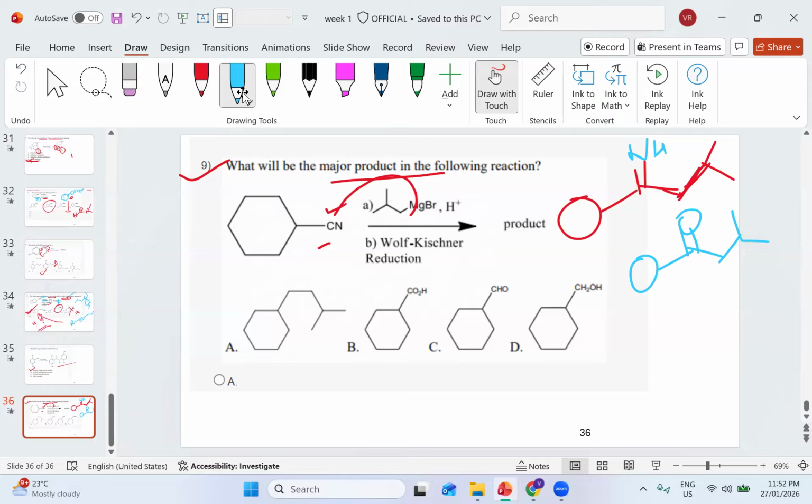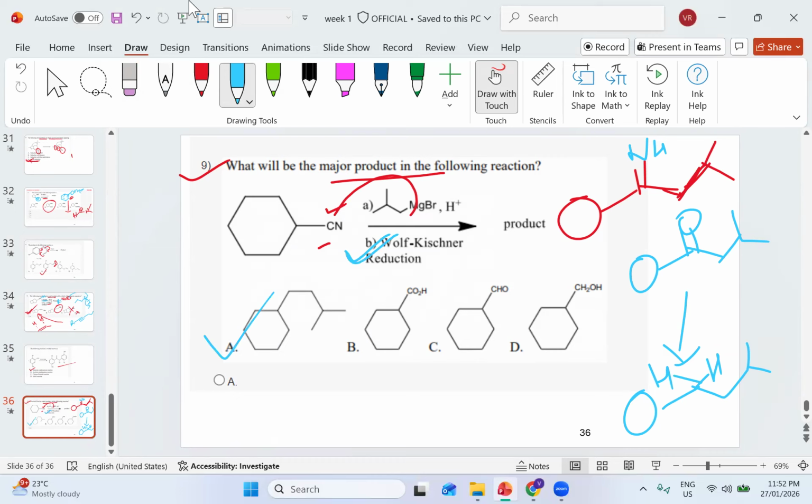This is what we get. And then the next step is Wolff-Kishner reduction. What does Wolff-Kishner reduction do? This ketone can directly convert into the CH2 group. So this is what Wolff-Kishner does, and option A is the correct option here.